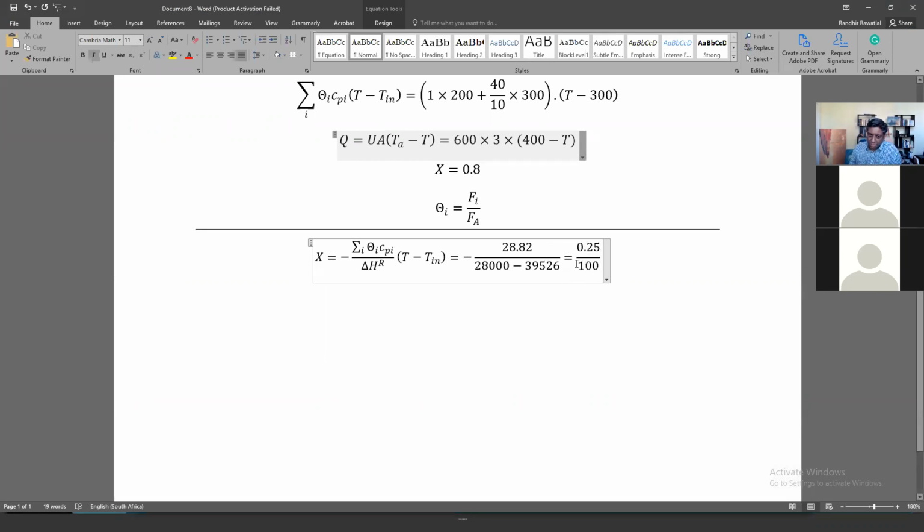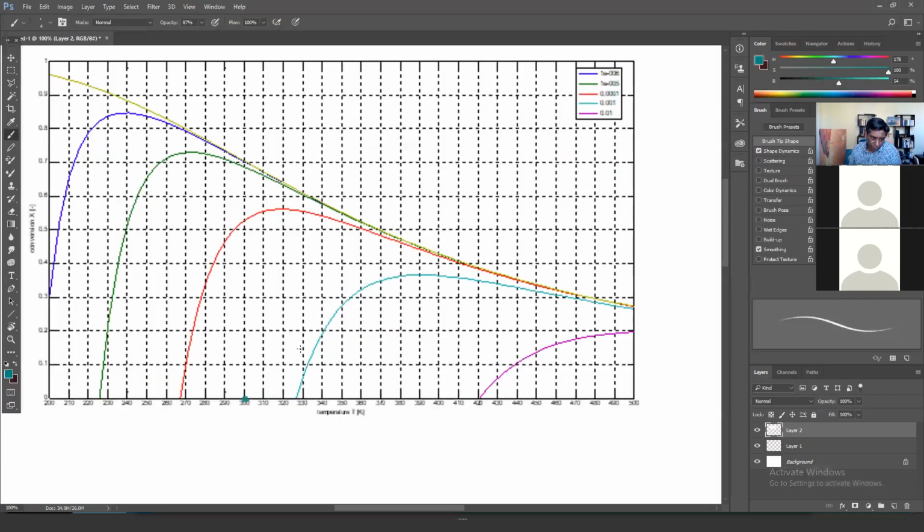The reason I'm writing it with that 100 is because it helps me to plot this. I've forgotten the T minus T in part here. So now if I want to plot this line, I can see, number one, when T equals T in, X equals 0. T in was 300.